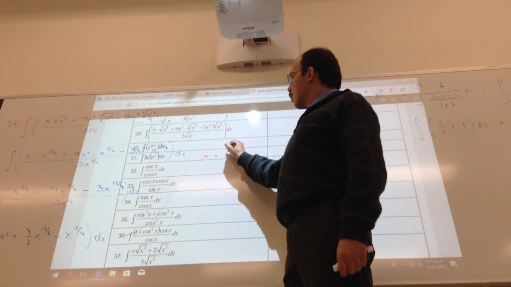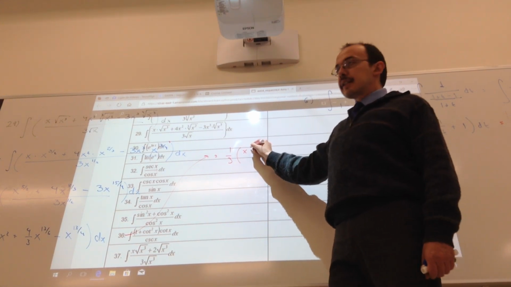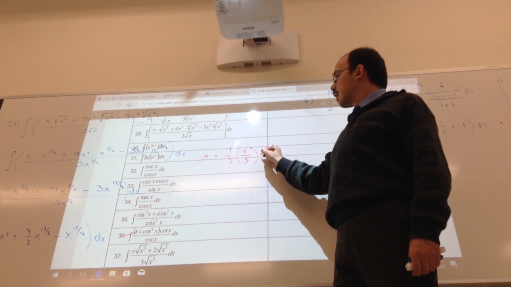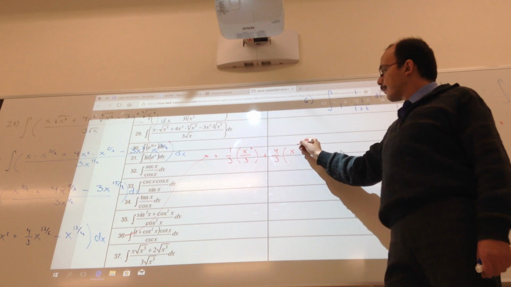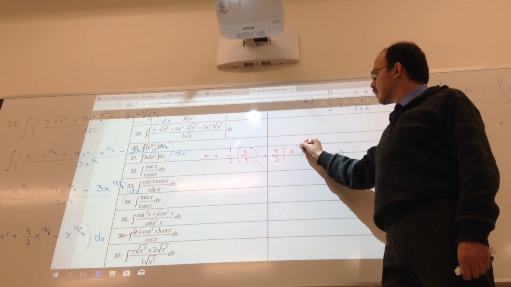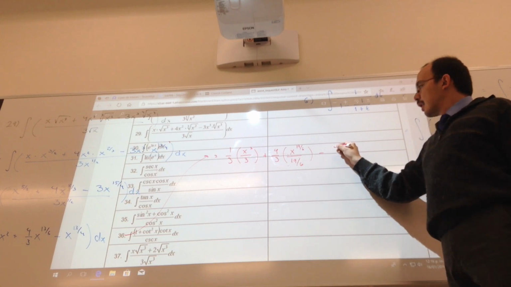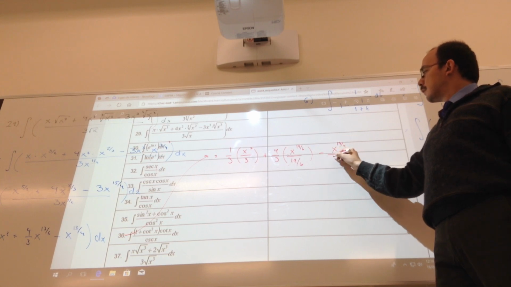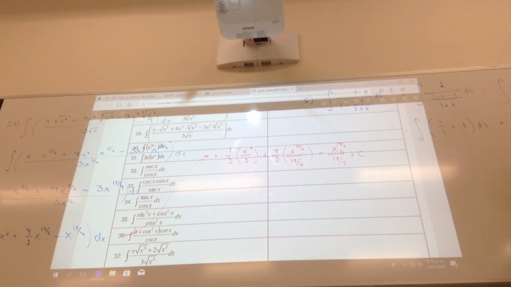The integral of 1/3 times x squared becomes x cubed over 3 plus 4 thirds x to the 19 sixths, minus x to the 17 fourths, plus c.